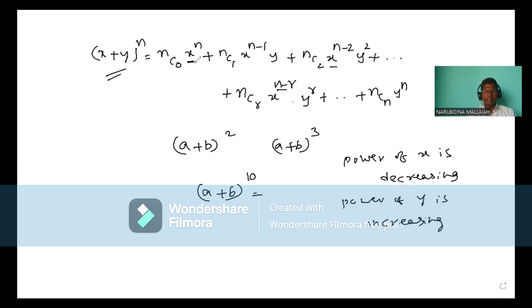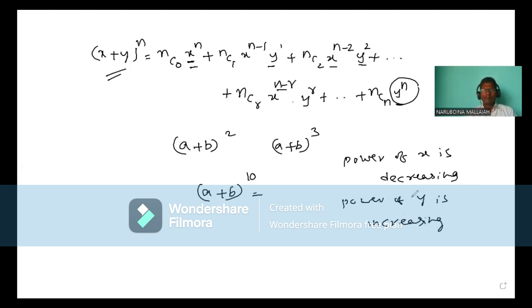See here, in the beginning there is no y term, here y power 1, next y square, next y cube, next y power r, and finally y to the power of n, the maximum power. We have to keep these things in mind.